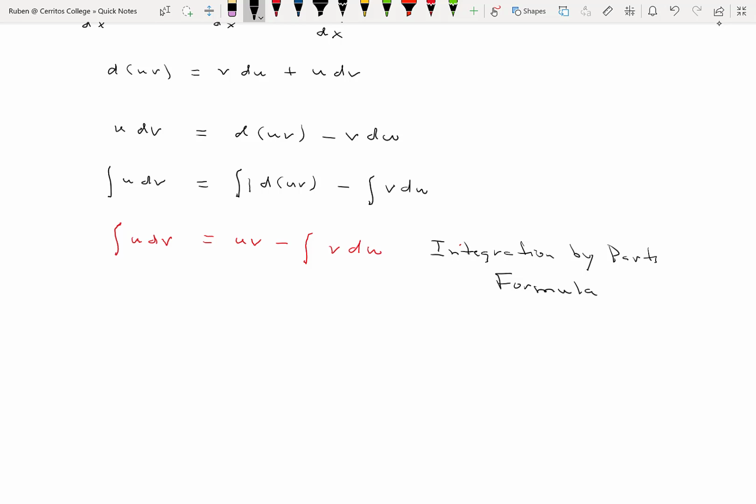So the main idea is on the left-hand side, you have an integral that is, say, a difficult integral, and you're replacing that integral with another one on the right. On the left, you have the difficult integral. On the right, you have one that's easier than the original one was. Okay, so somehow we replace the given integral, the one that's given to us on the left, with an easier one on the right.